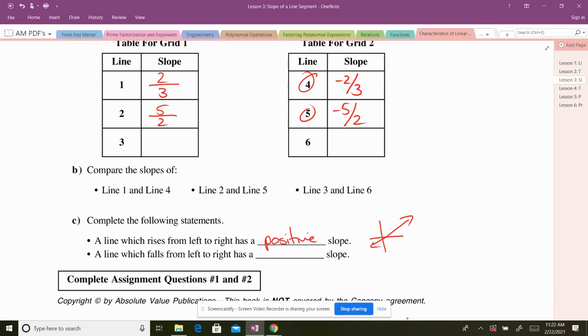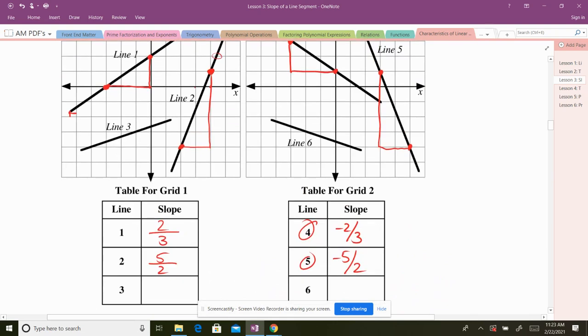A line that falls from left to right, so like that, has a negative slope.